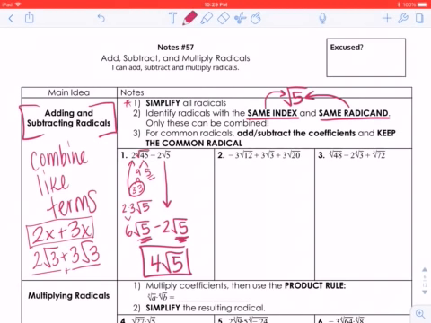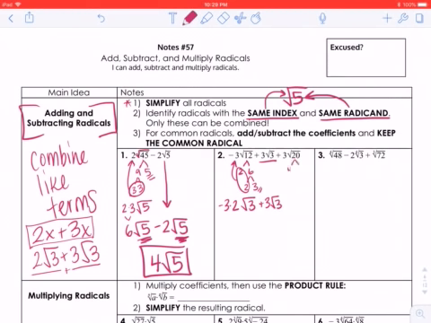So first, again, I'm going to simplify all my radicals. 12 becomes 2 and 6, 6 is 2 and 3. This set of 2's is going to meet that negative 3. I'm going to have negative 3 times 2, and then the square root of 3 is staying inside. This one's already the square root of 3, so I'm just going to do 3 square root 3 there.